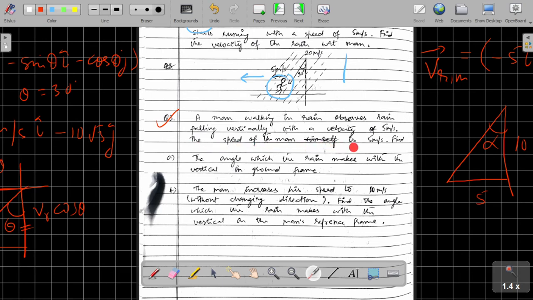The speed of the man is 5 meter per second, and you have to find the angle which the rain makes with the vertical in ground frame. The man then increases his speed to 10 meter per second without changing direction. Find the angle which the rain makes with the vertical in the man's frame of reference.